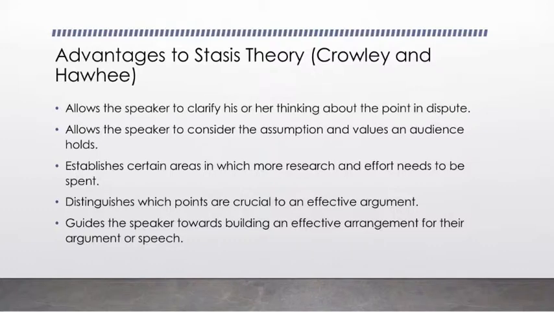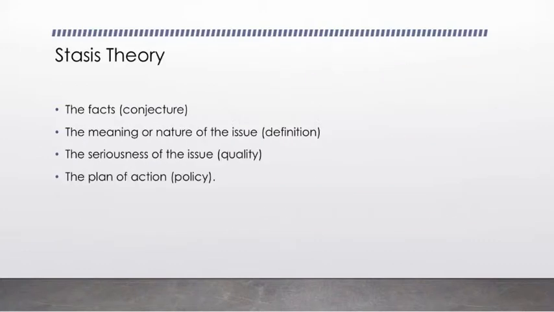There's a number of advantages to using stasis theory. Mainly, though, this can help clarify your positioning or thinking on a particular issue. So if you're writing the argumentative essay, for instance, you can really lay out your sources and your worldview on a particular aspect of your topic and say, this is what I think about the issue, and this is what we should do about it.